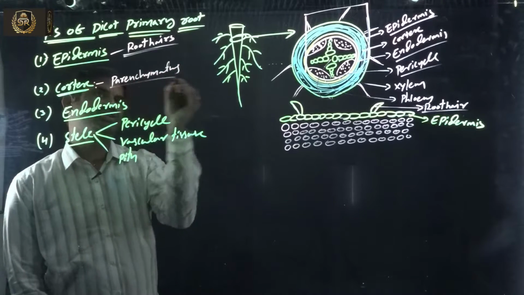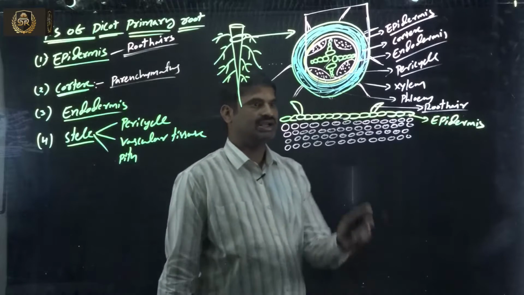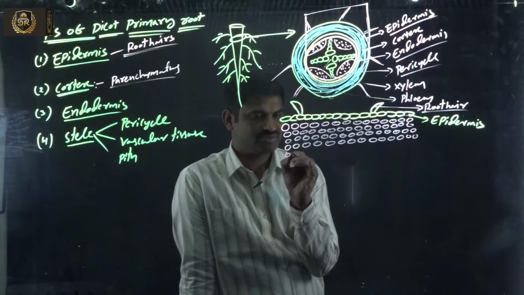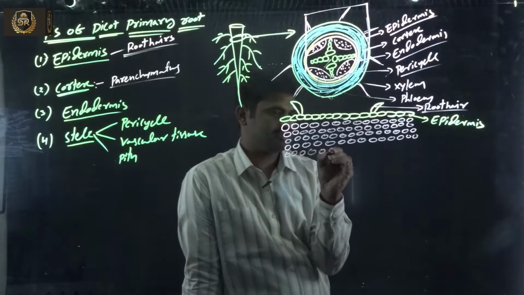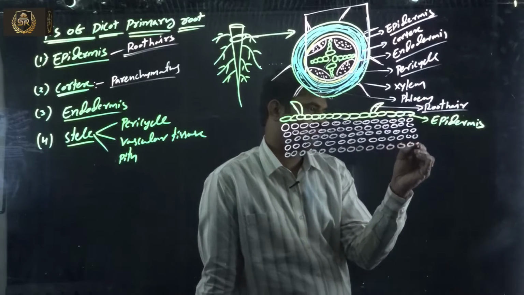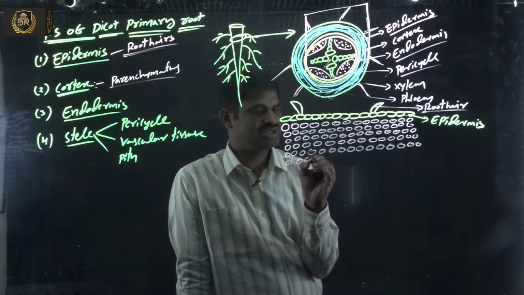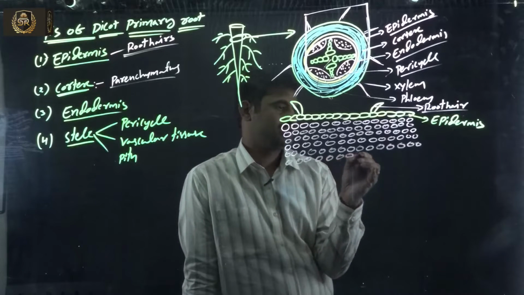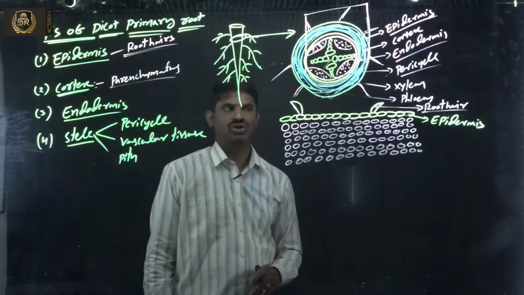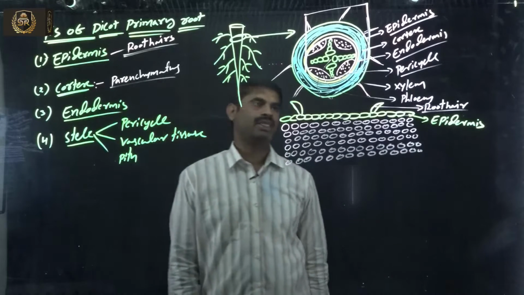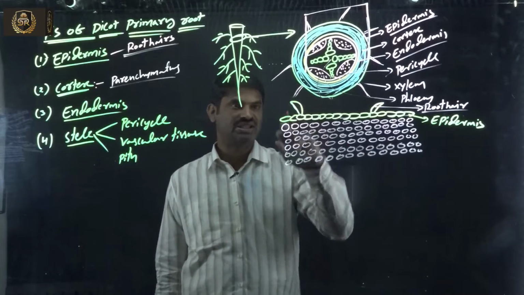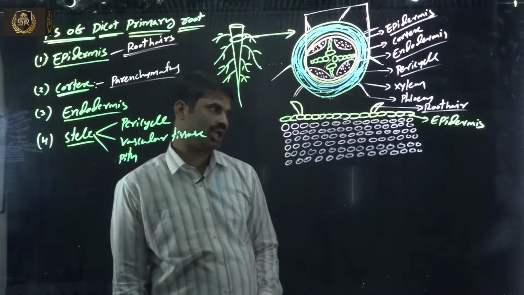Next, intercellular spaces are present. Intercellular space means gaps are present. The outermost protective layer of a root is called epidermis. In the epidermis region, some cells extend outside, which is called root hair.